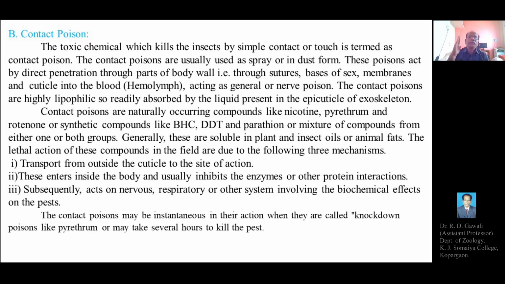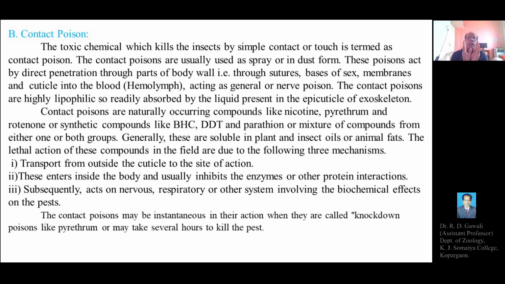There are two categories of contact poisons. One is naturally occurring compounds such as nicotine, pyrethrum, and rotenone. The second group is synthetic compounds such as BHC, DDT, and parathion, or a mixture of compounds from either group, which can be treated as contact poisons.